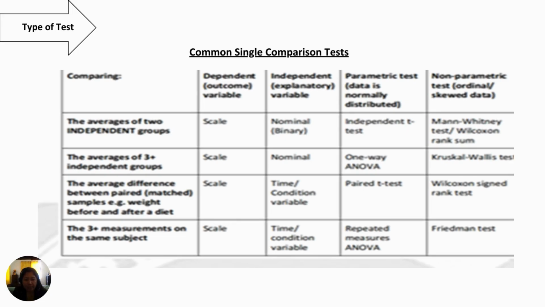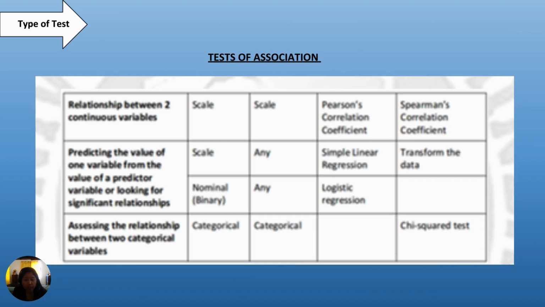Now let's proceed naman to the tests of association. If we are to look for a relationship between two continuous variables, and the dependent or outcome variable comes with scale data, and your independent variable also comes with scale data, what we're going to use, if the data is normally distributed, is the Pearson's correlation coefficient.